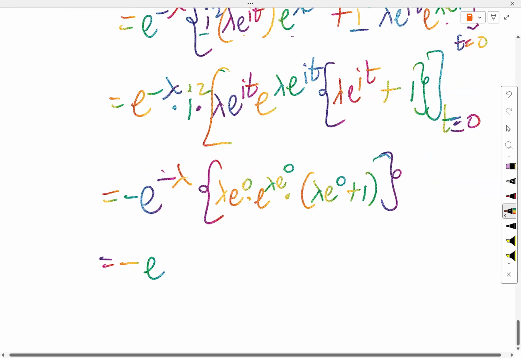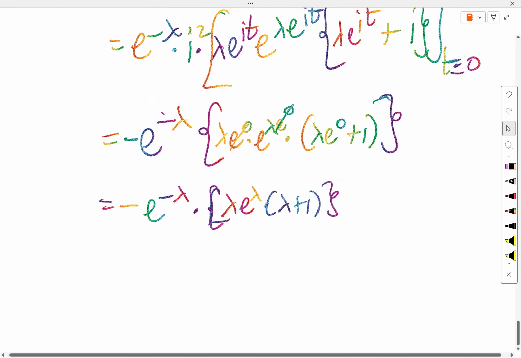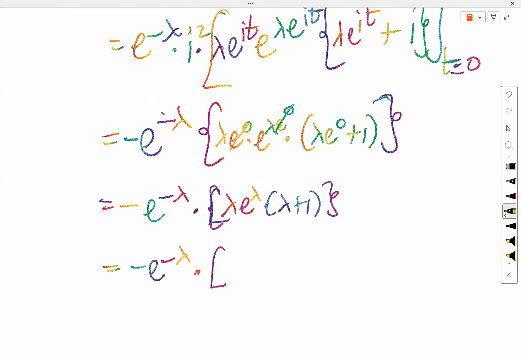So you have e raised power minus lambda, times, so lambda e raised power 0. So yeah, that's lambda e raised power lambda, because this is 1, this is 1. Then lambda plus 1 there, you know, so that by the time you expand this, you have minus e raised power minus lambda, or we can just open all of that up. So we have lambda squared e raised power lambda, or better still, we can take out the lambda, right?